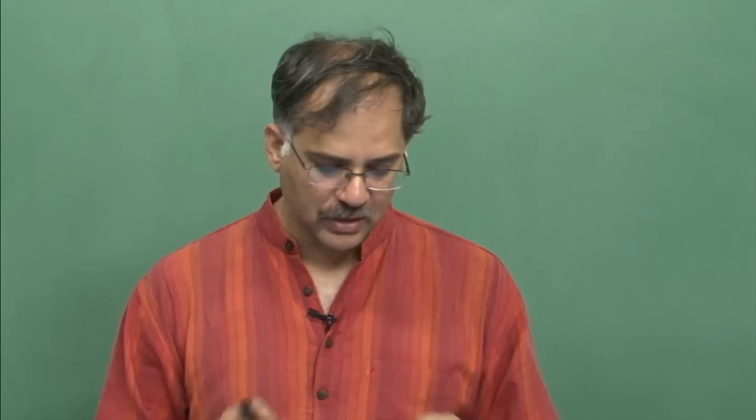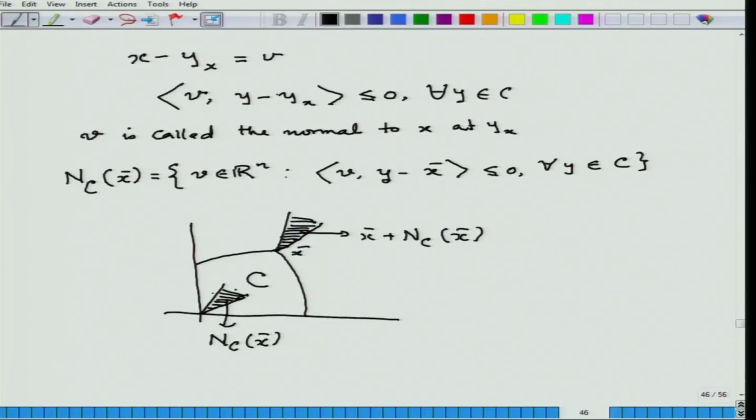Okay. Now, once I know about this, I would have some very interesting calculus about normal cone, which I will show you, which will help us to do a lot of interesting things, and which would help us to write down certain optimality conditions. Let us go back and let us slightly complicate the convex minimization problem that we had studied.